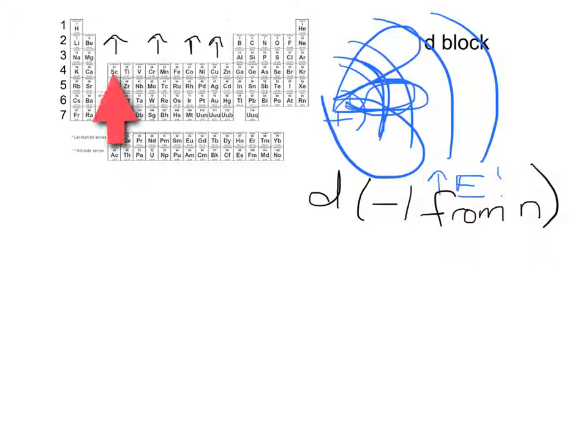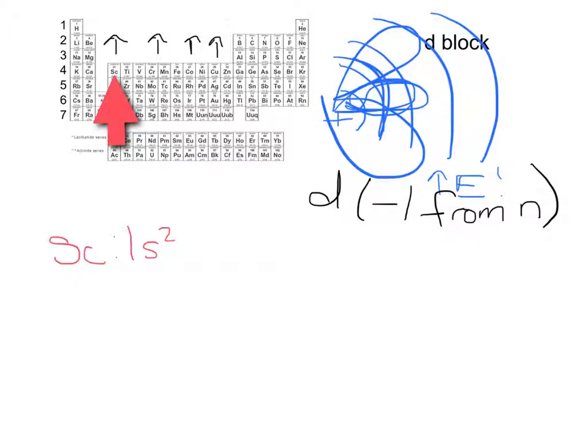So let's try scandium. And that is the first one in D block. So if we're going to do SC, I'll write in red. Remember, we need to start from the beginning. We need to start up here. We need to go across our rows all the way until we get to scandium. So I'm going to assume that you already know how to do that. So SC is 1s2.